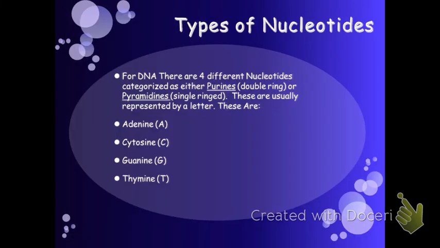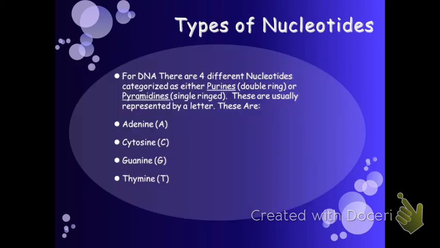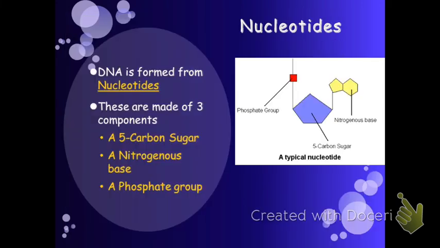It's replaced with uracil. There are our purines and pyrimidines: adenine and guanine are our purines, and thymine and cytosine are pyrimidines. What does that mean? It just means the different types of nucleotides.